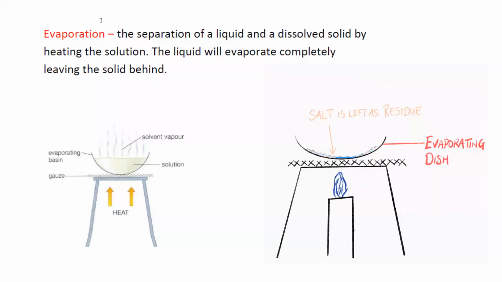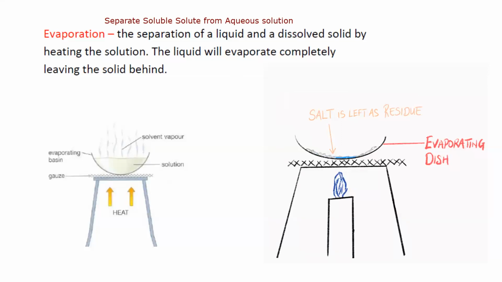This technique is used to separate a soluble solute from an aqueous solution. The term aqueous means something which is mixed with water. We call that an aqueous solution. Aqua is the term used for water. So you can write solution or you can use the term aqueous solution.